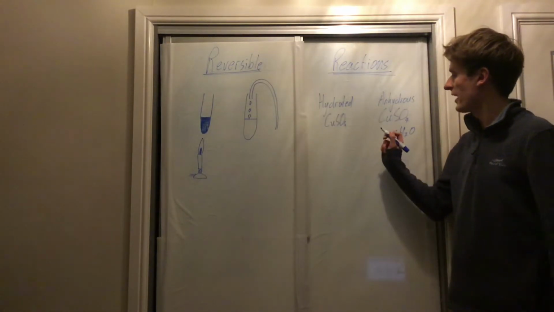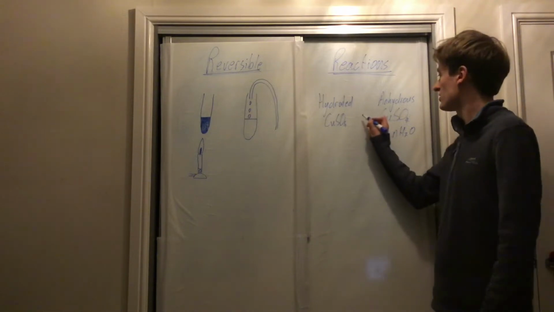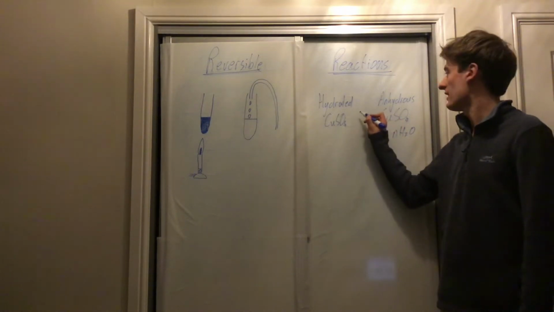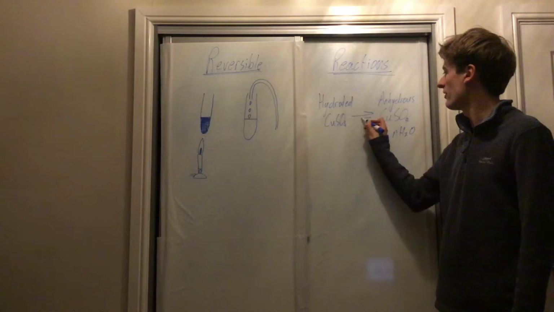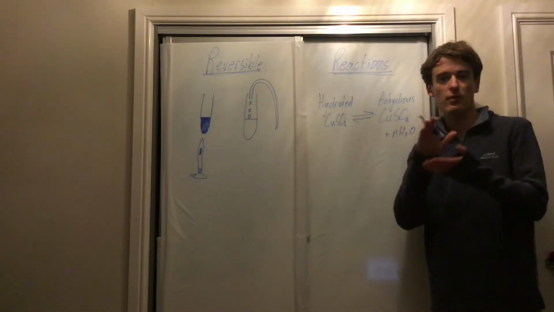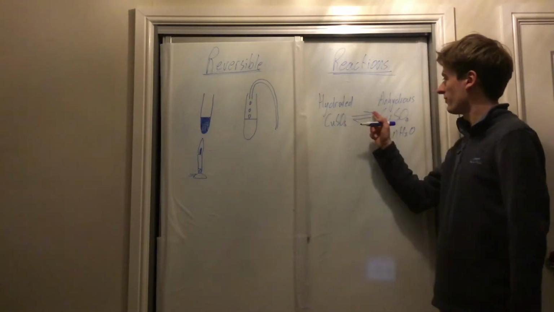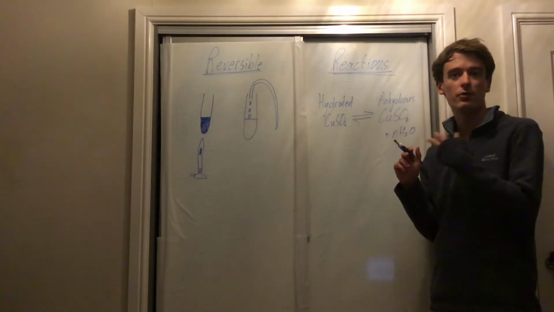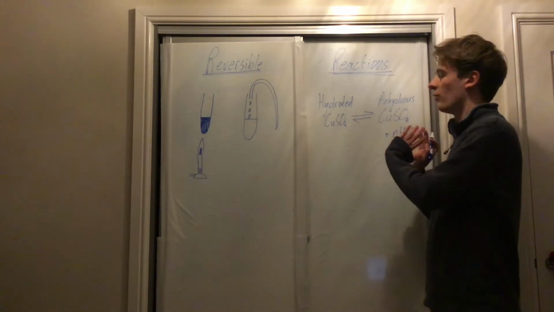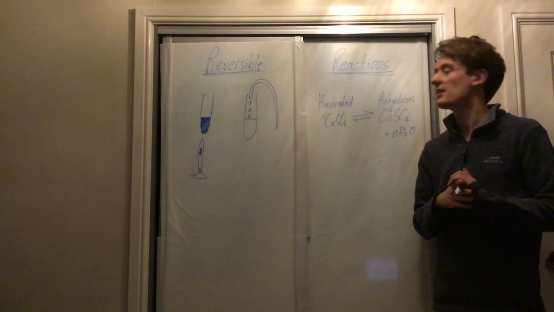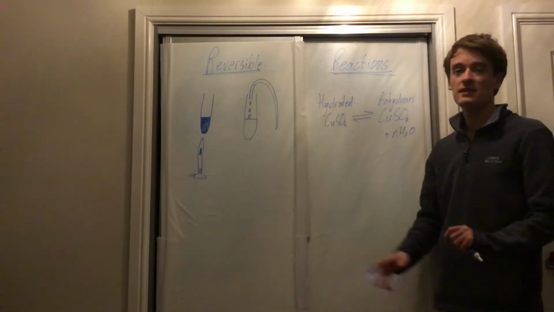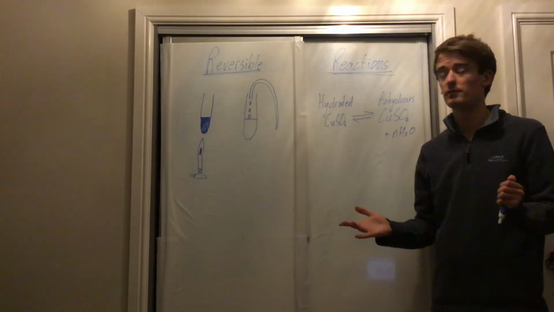And we show that when we're writing our equations, rather than the single-headed arrow, we do this symbol here. There's two arrows over the top of each other, one arrowhead pointing in the forwards direction to the right, and one in the reverse direction to the left. And this symbol means that the reaction is reversible.